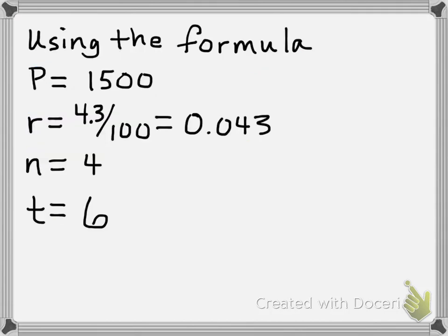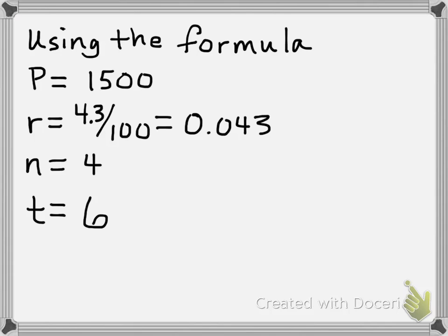In order to use the formula, we have to give values to the variables. So in this instance, the principal amount is going to be $1,500, so capital P is equal to $1,500. The annual interest rate is 4.3%, and in order to change that into a decimal, we have to divide 4.3 by 100, and the decimal equivalent is 0.043.